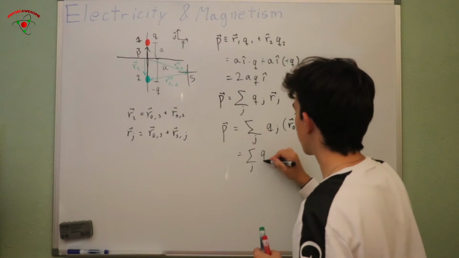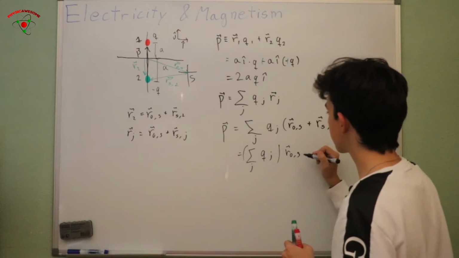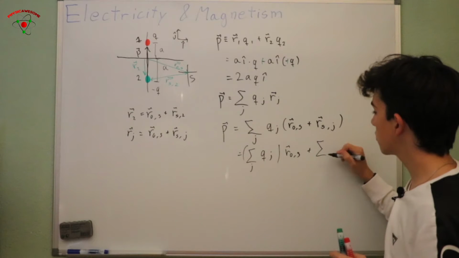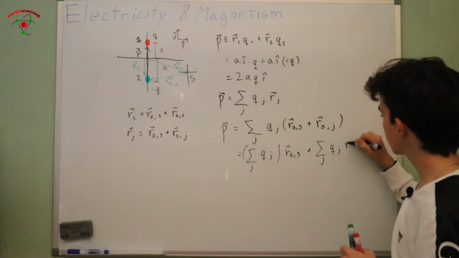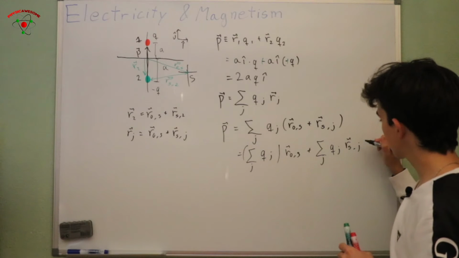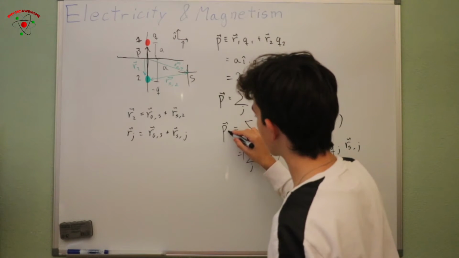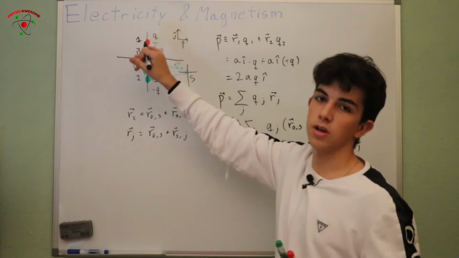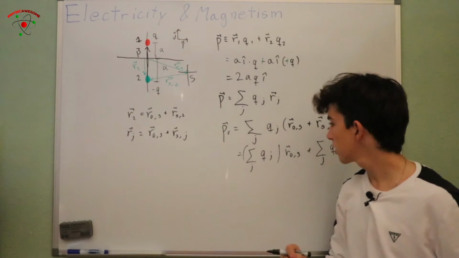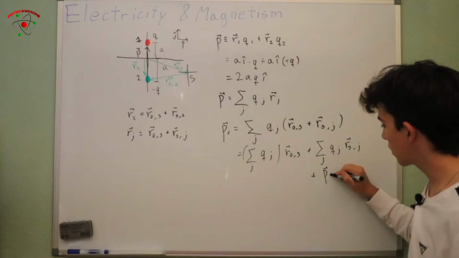This is the sum over j of q_j times r_OS plus the sum over j of q_j times r_Sj. We could denote this as P sub 0 because it's on the origin, on our original reference frame, and this is no other thing than P on our S frame.